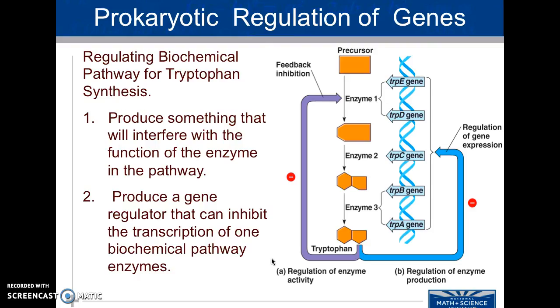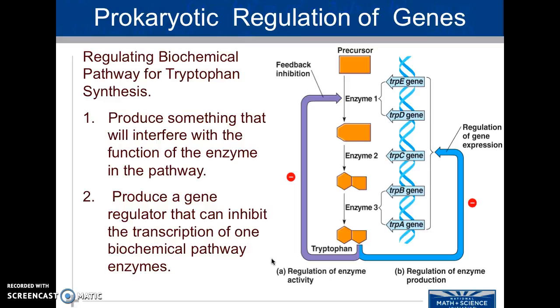So when we're talking about the prokaryotic regulation of genes, this is an example. It is the tryptophan synthesis pathway. We have to keep in mind that every gene, every section of DNA, codes for a specific protein, either an enzyme or a protein that does something in the body.